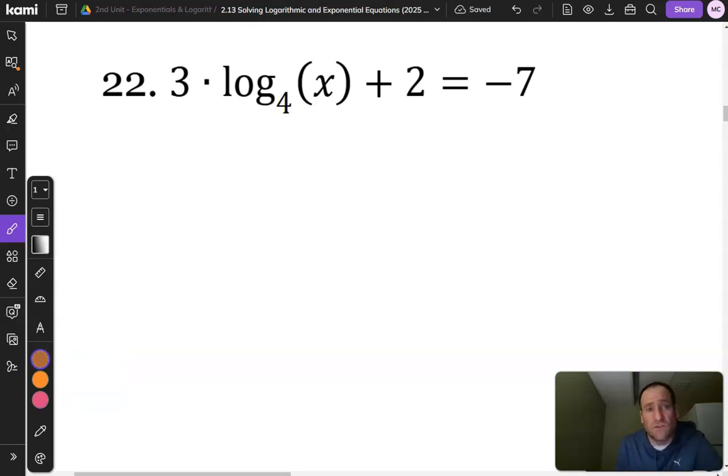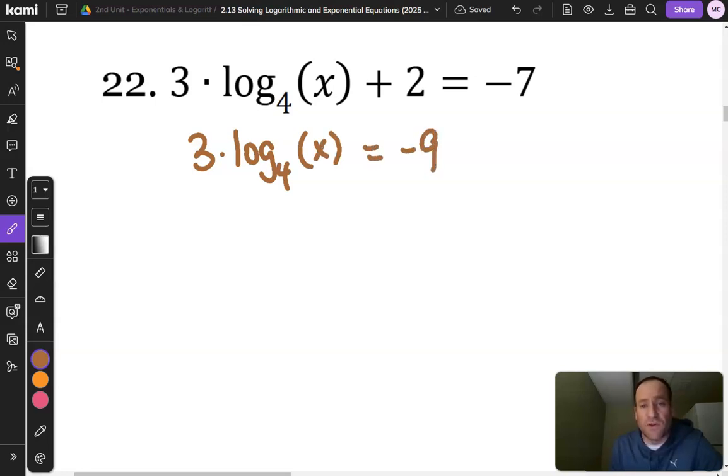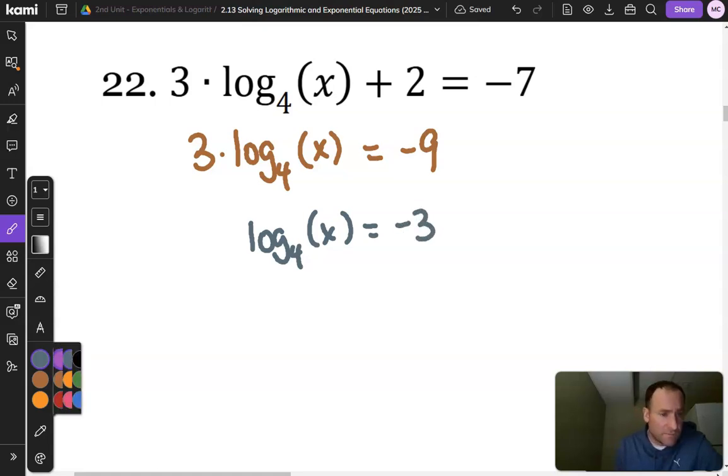Okay, so let's subtract 2 on both sides. So we've got 3 times the log base 4 of our unknown value x is going to equal -9. Divide out the negative, divide out the 3, apologies. Okay, and we get log base 4 of x equals -3.